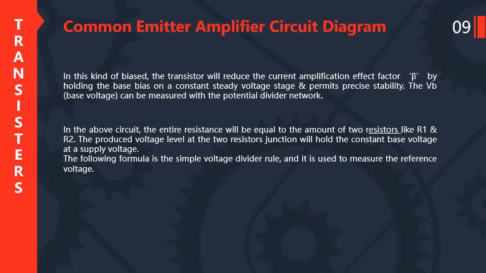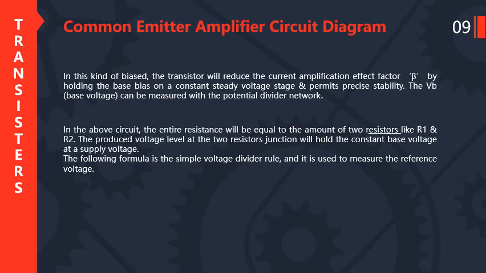In the above circuit, the entire resistance will be equal to the sum of the two resistors R1 and R2. The voltage produced at the two resistor junction will hold the constant base voltage from the supply voltage.